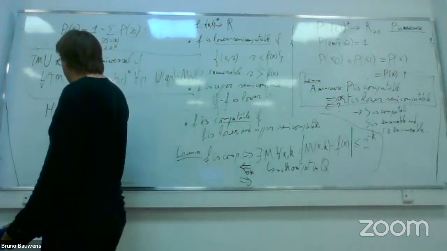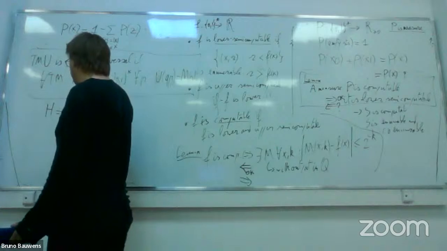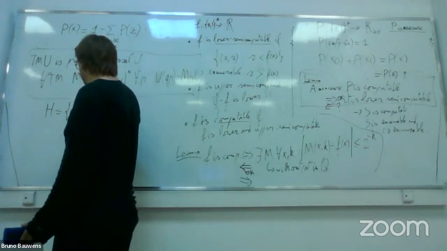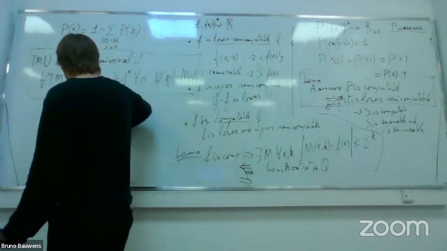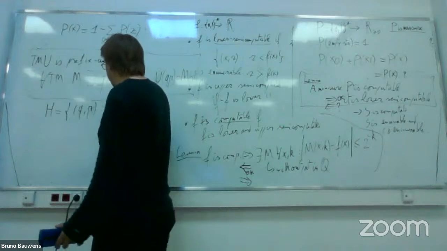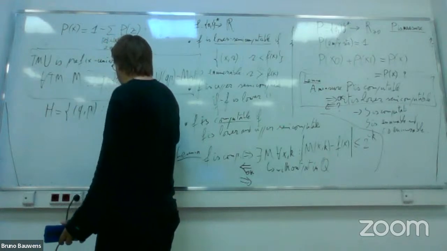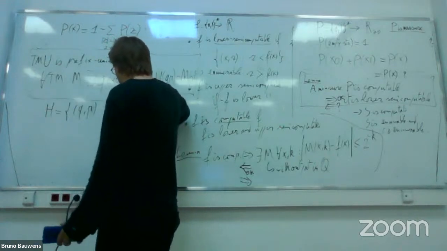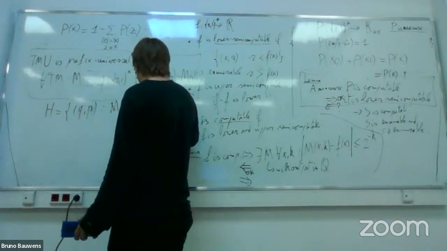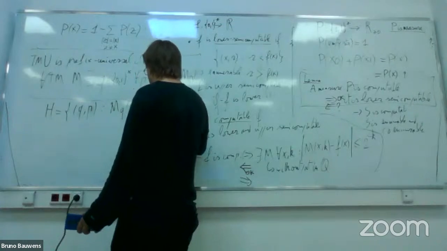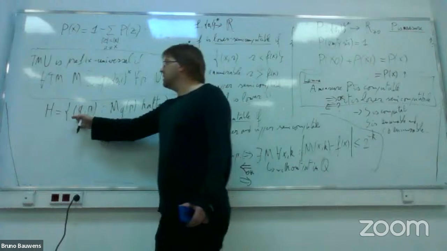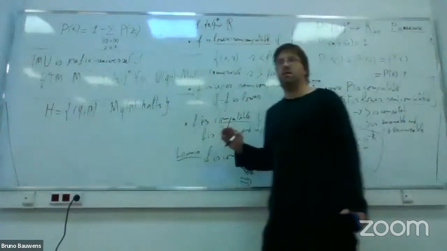So the halting set is a set of pairs, an encoding Q of a Turing machine and some input P, such that when we run machine Q on input P, the machine halts. So this is the halting set. This is an example of a set that's not decidable.